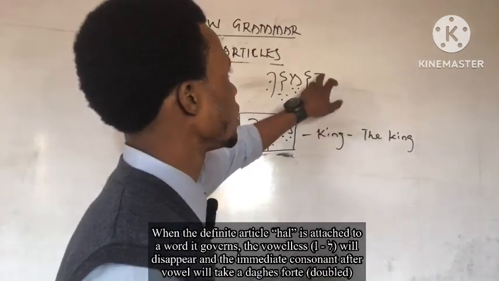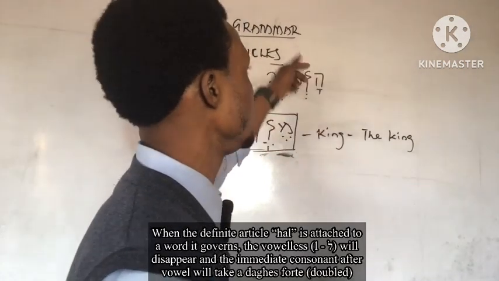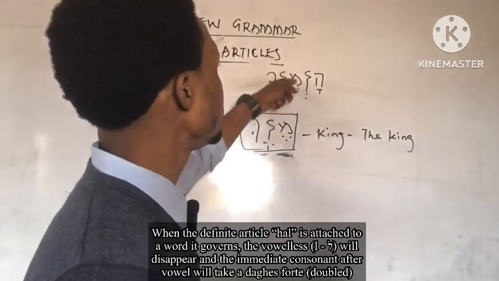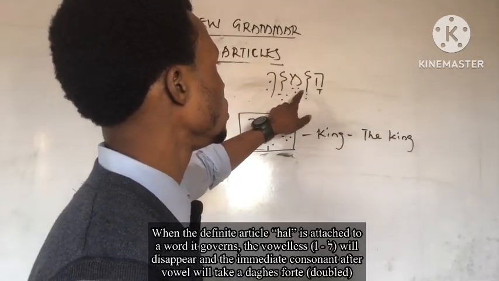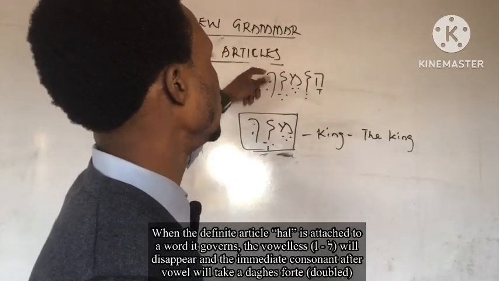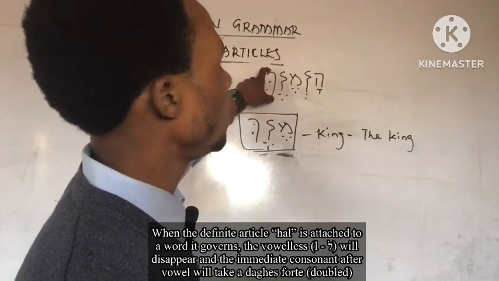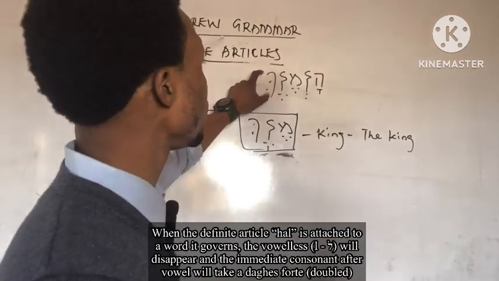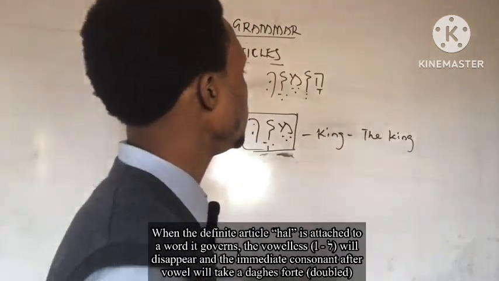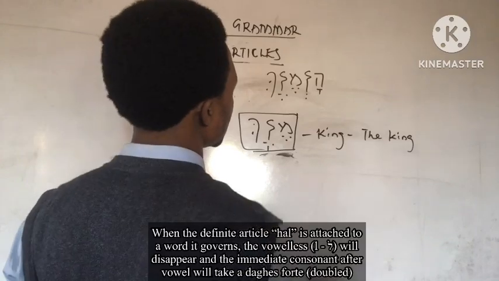If you look at this, this is Hey with a Pathach, this is Lamed, this is Shewa, and this is Mem, this is Segol, Lamed, Segol, and Kaf, the final form of Kaf. Now this is what this rule is saying. This is the definite article there.